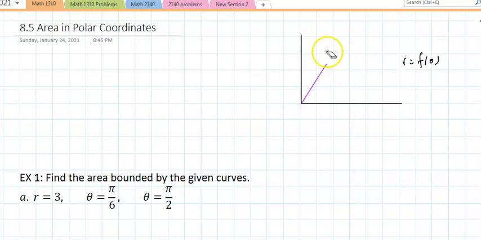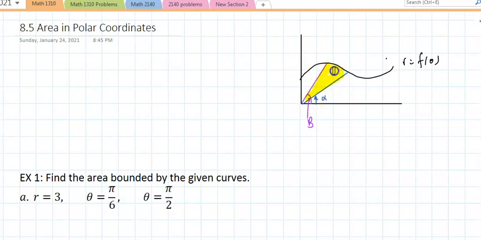let me redraw this really quick. There. So if I run r from theta equal alpha to theta equal beta, and the desired area happened to be one of those.